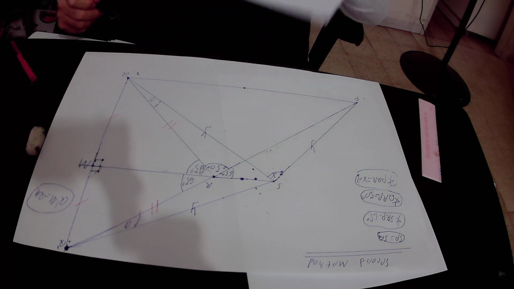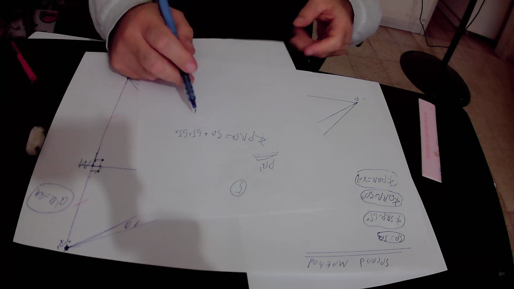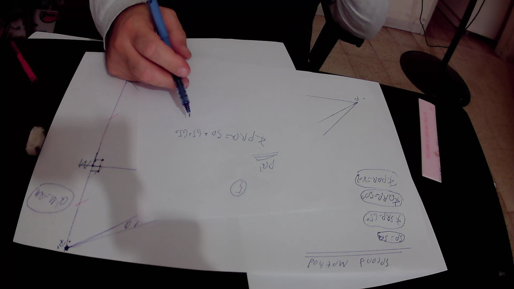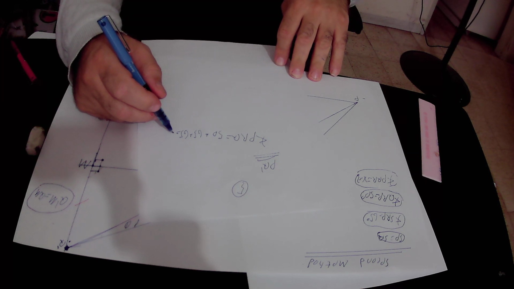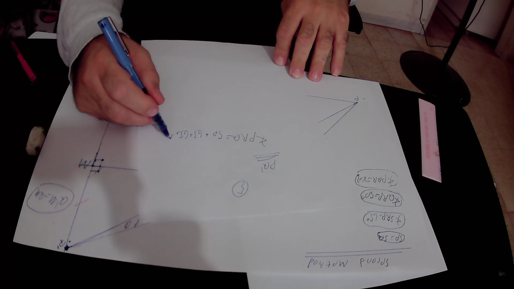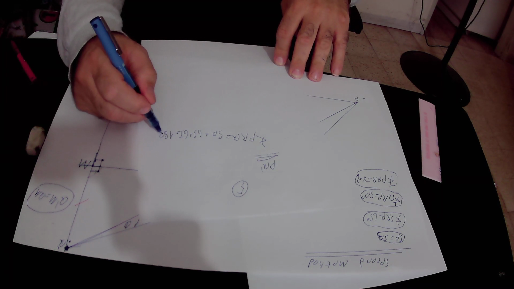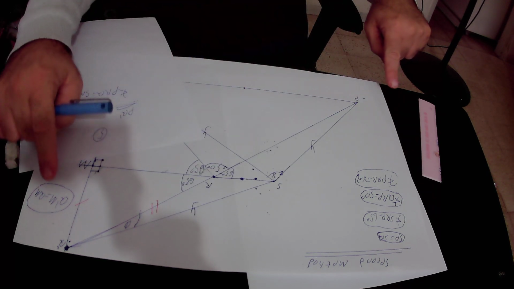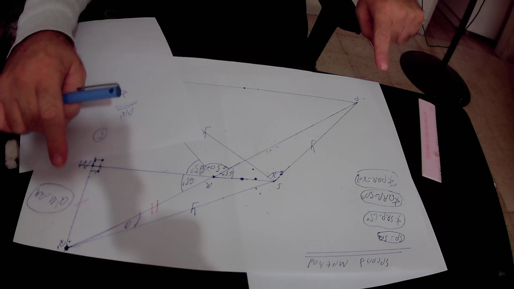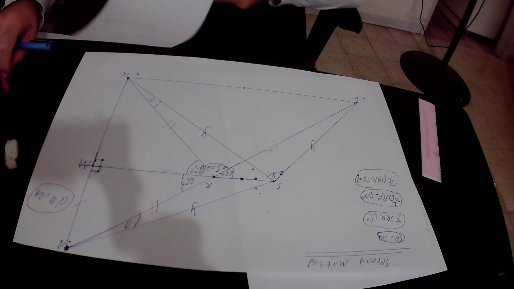So in total, 65 degrees plus 65 degrees is 130 degrees, and 130 degrees plus 50 degrees is 180 degrees. So we proved that angle PRQ is an angle that equals 180 degrees.